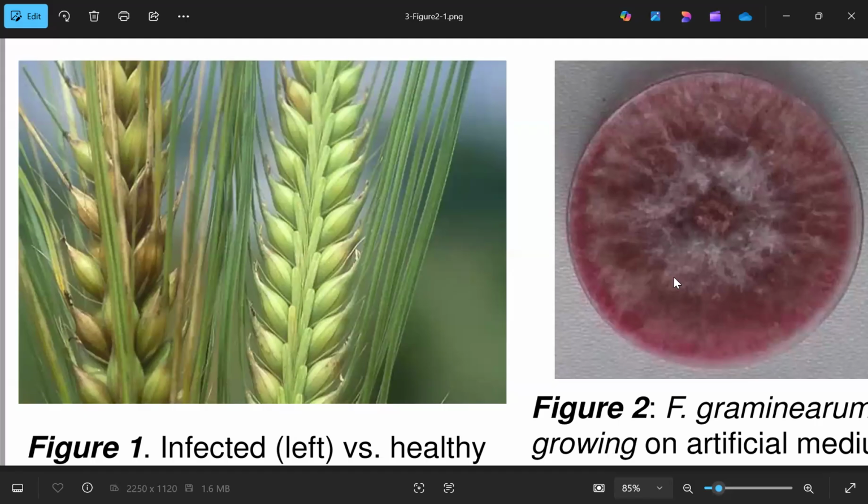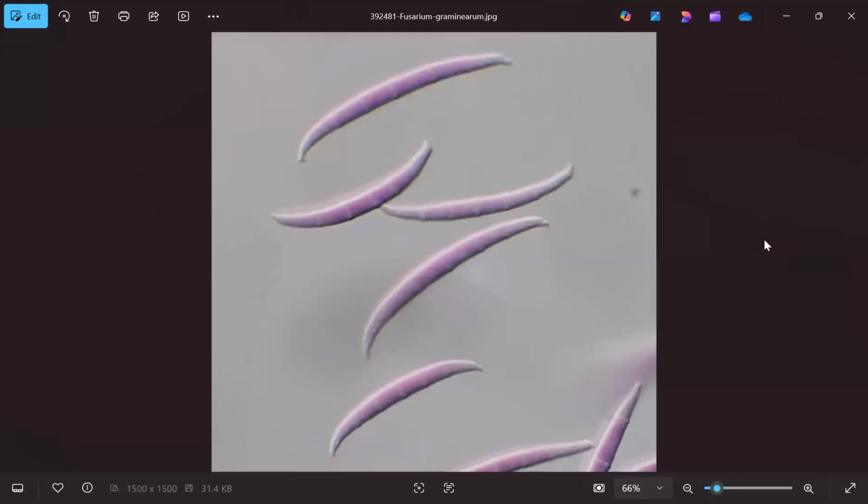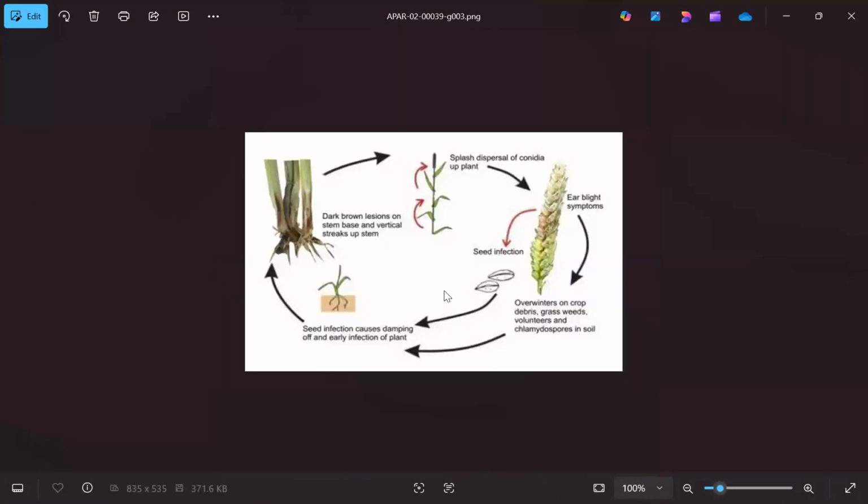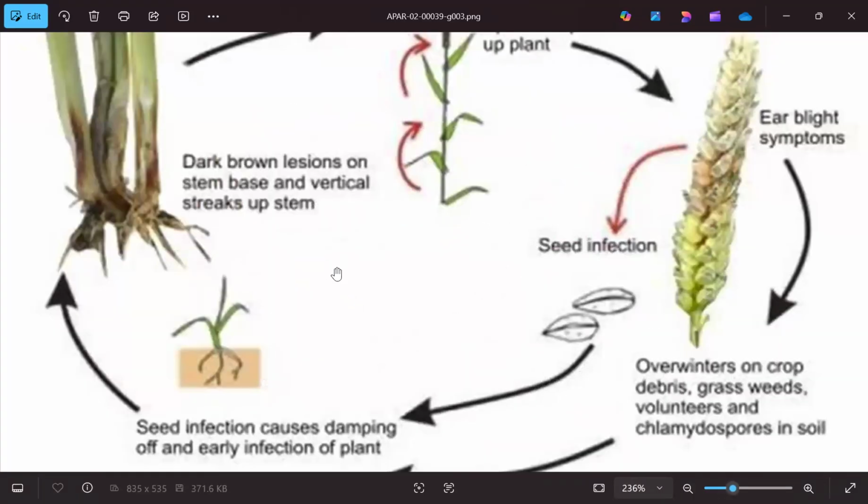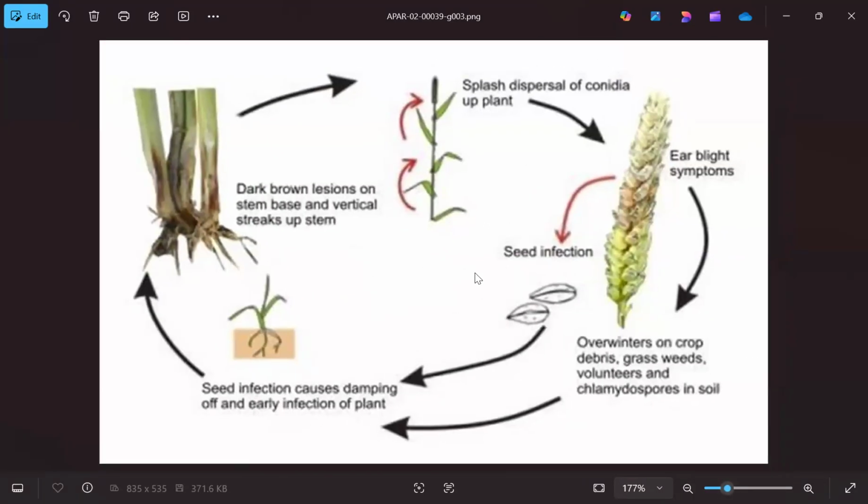Okay. Now the next picture. Now it has a different life cycle. Underneath the microscope, you would see these shapes here. And let's talk about the life cycle. Let's assume that you have a crop that has been infected. The top of this crop, the seeds, are infected, and so we get what is called ear blight symptoms.